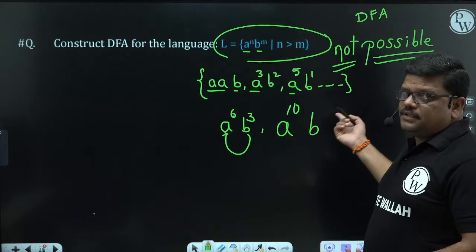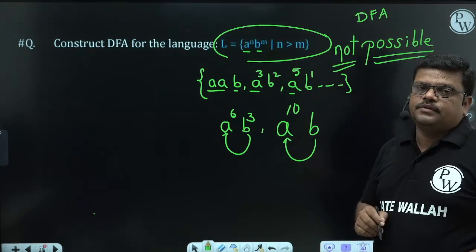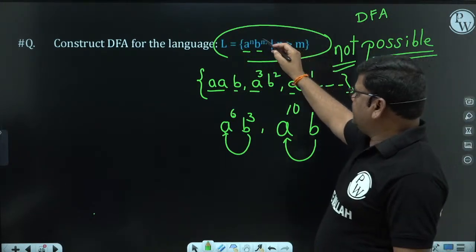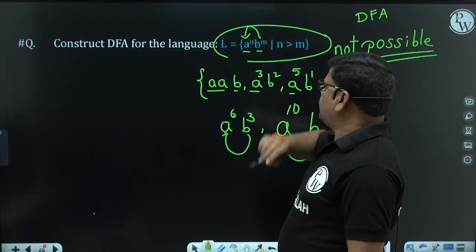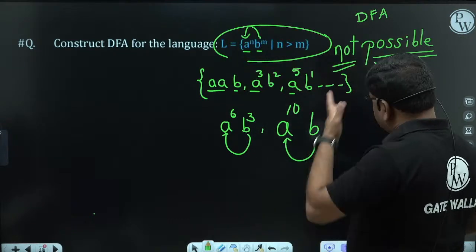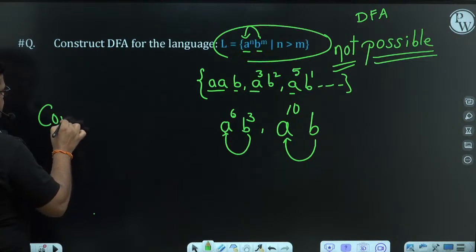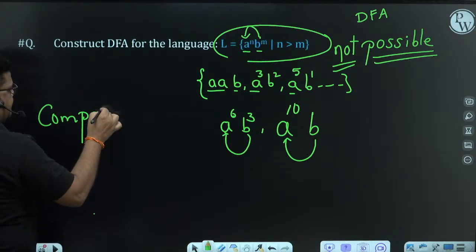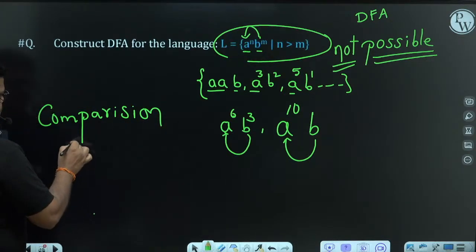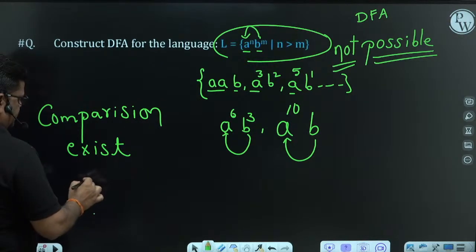Can I generate 100 b's? No. So b's generation depends on the value of a. Dependency exists. Like this. So the language nature is that the number of b's generation always depends on the number of a's. So comparison exists. Comparison exists, then DFA is not possible.